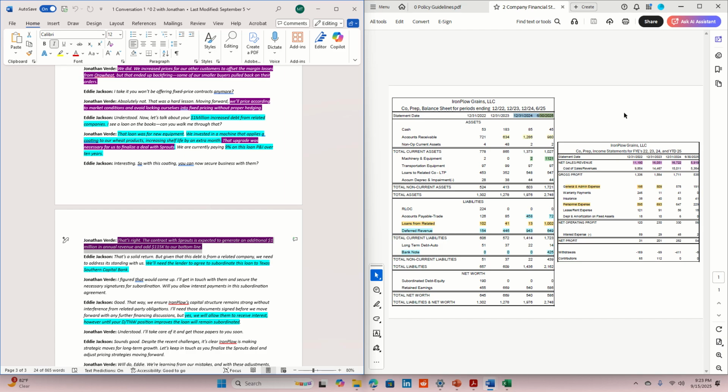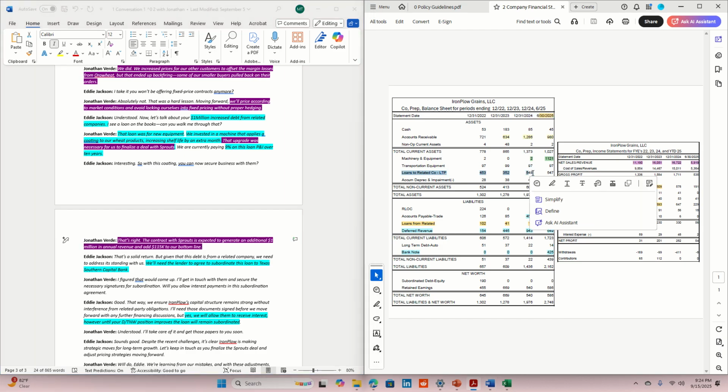Now you might be wondering, well, why did they want to keep cash on hand? What was the big deal? Well, look here. They wanted to keep cash on hand because they had a $600,000 increase in sales. They also gave their partners or related companies $200,000 worth of cash, right?